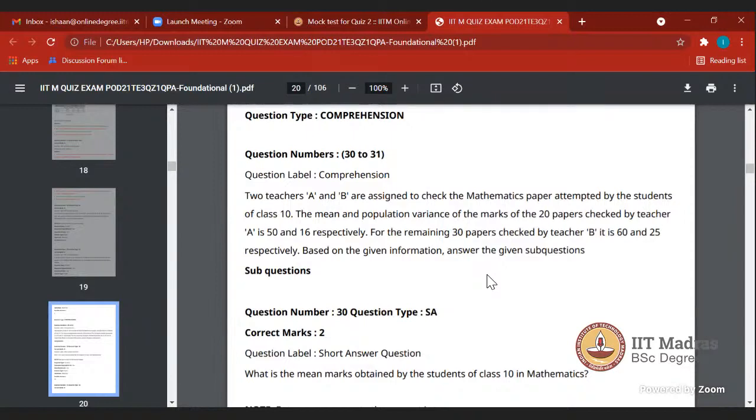Okay, let's do it. You were able to solve for the mean. Let me just do it quickly. There are 2 teachers, A and B, right? Yes sir. Teacher A checked papers for 20 students and teacher B for 30.